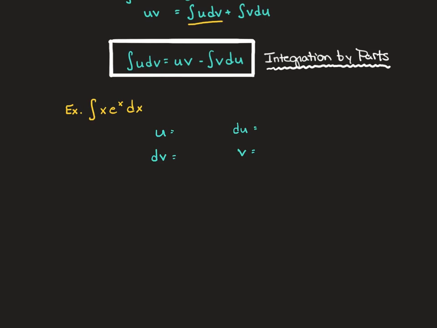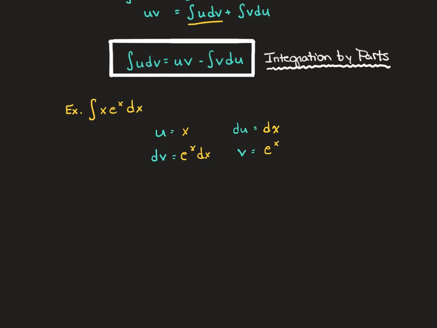Okay, so let's suppose we say that u is equal to x. Then du is just dx. And if dv is e to the x dx, then v is simply the integral of e to the x dx. So it's e to the x.